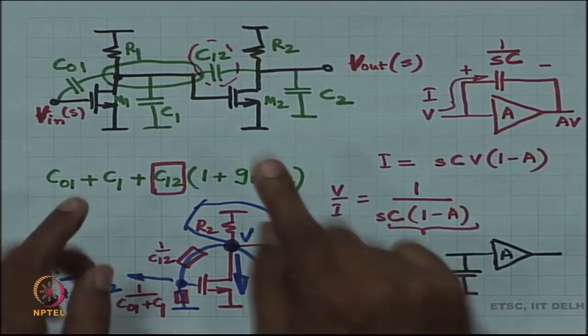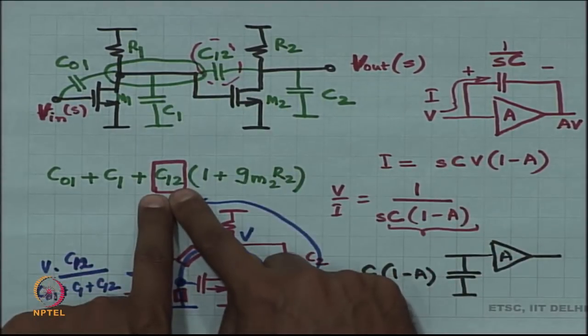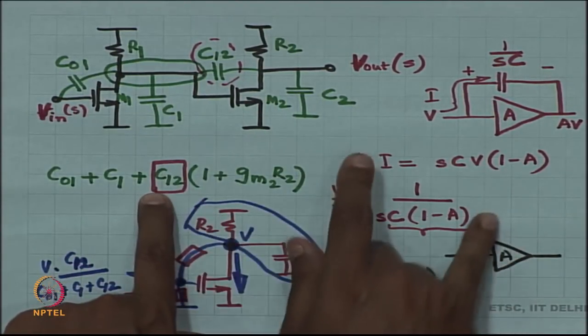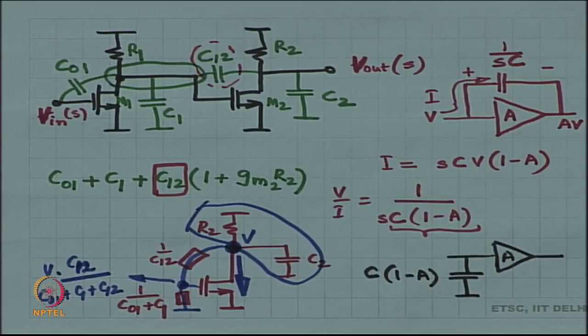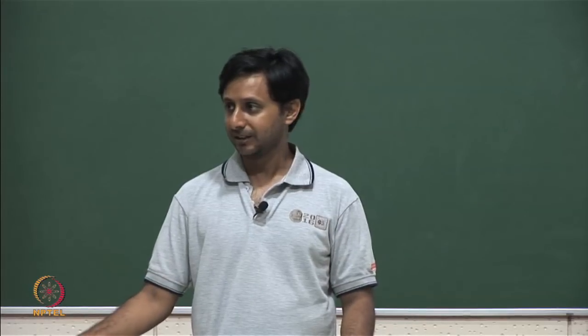Then we found that in the two stage cascaded amplifier C12, we used Miller theorem because I have really forgotten the analysis that we did. We would have found out the output impedance, we would not have bothered with the short circuit current, just the output impedance would have given me the denominator polynomial.